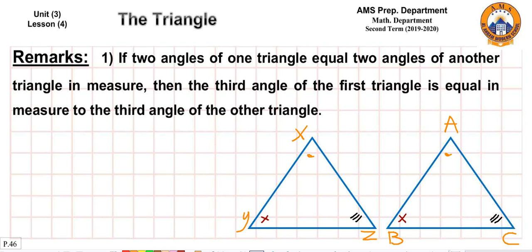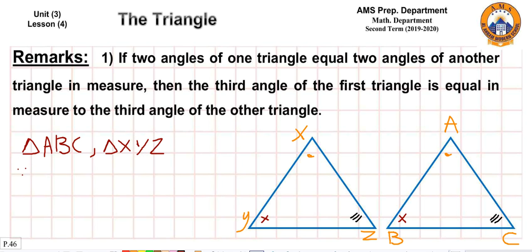Now let's write this. In the two triangles ABC and the other one is XYZ, please follow the order.